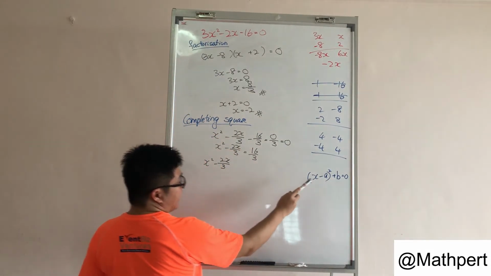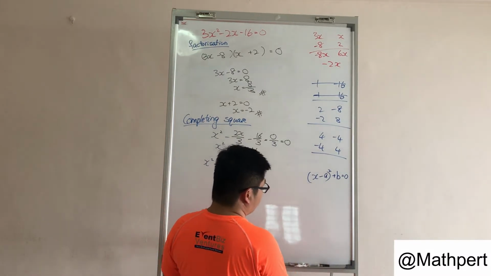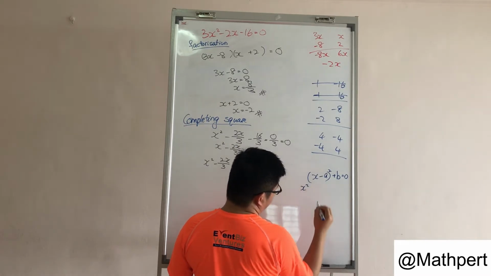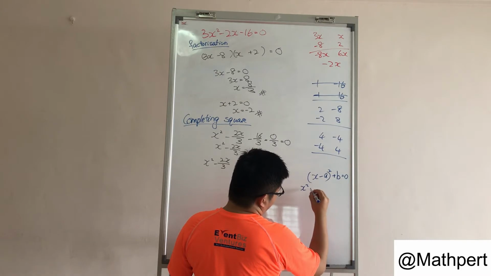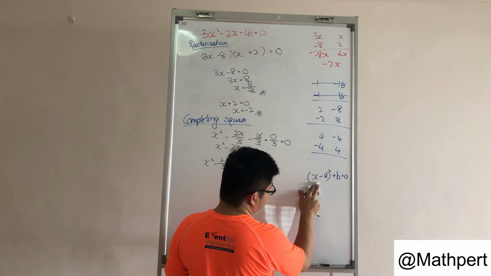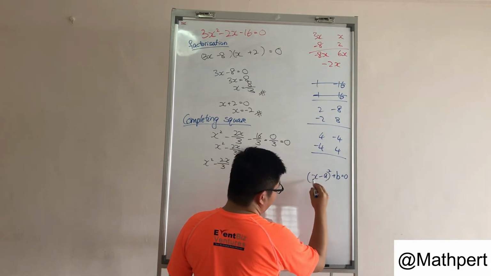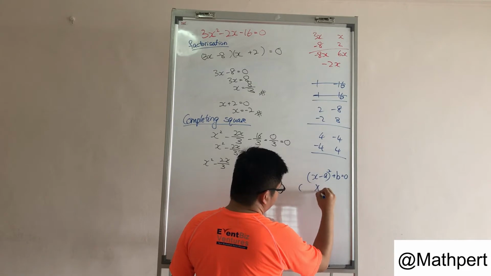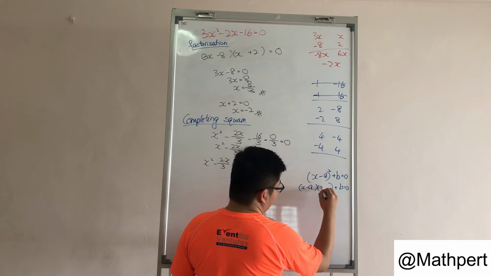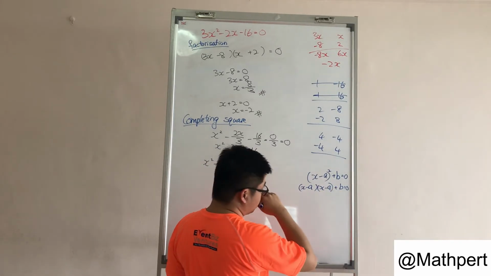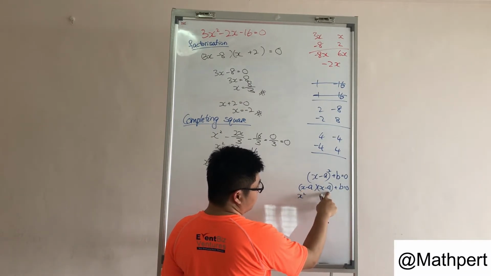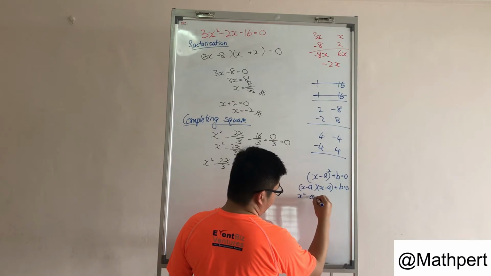So when we expand the general form, we can get x squared... okay, let's do it this way. This general form, (x minus a) squared plus b equals 0. x minus a, correct. So x squared; x and negative a will be negative ax.